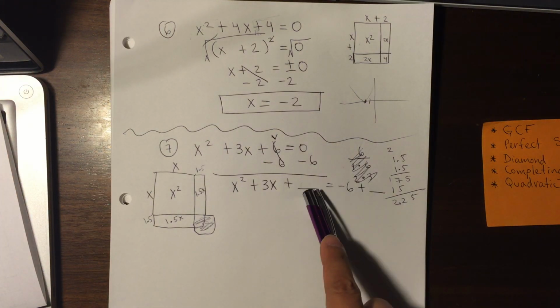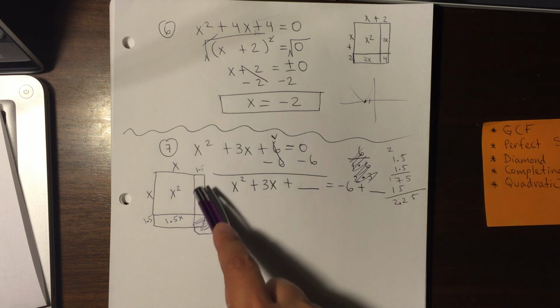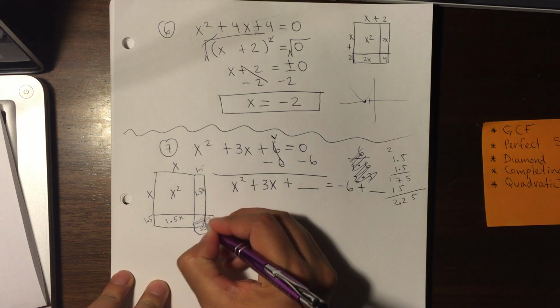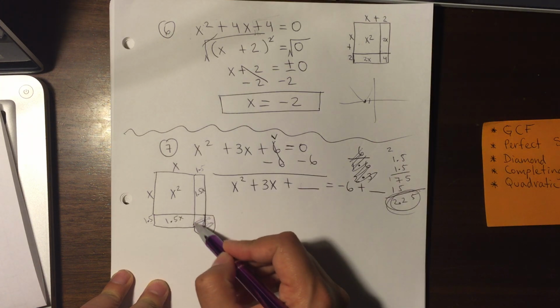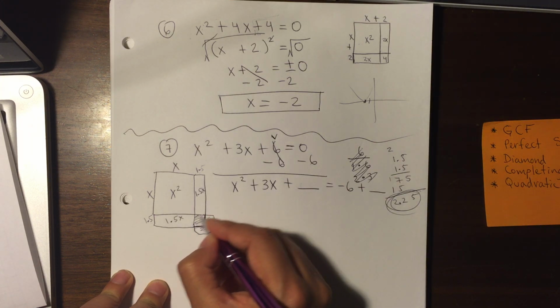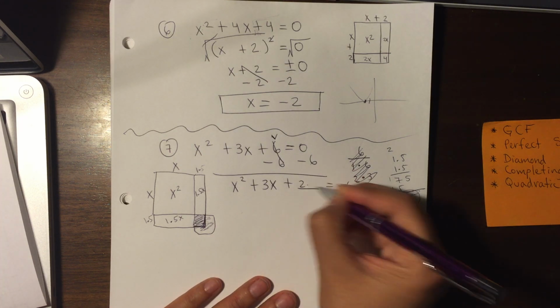Now, when do I decide if I want to complete the square or not? If you think about it, to complete this perfect square, I will have to add this 1.5 times 1.5 to make it exactly this part that I don't have in here. And do we want to work with decimals?